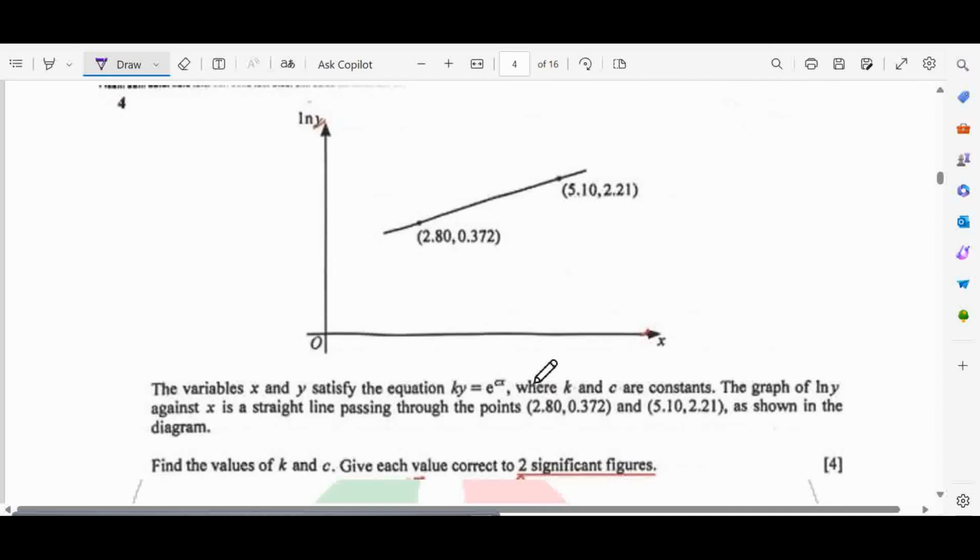Now, question number 4 is this one. The variables x and y satisfy the equation ky = e^(cx), where k and c are constants. The graph of natural log of y against x is a straight line passing through the points as shown in the diagram. Find the value of k and c.